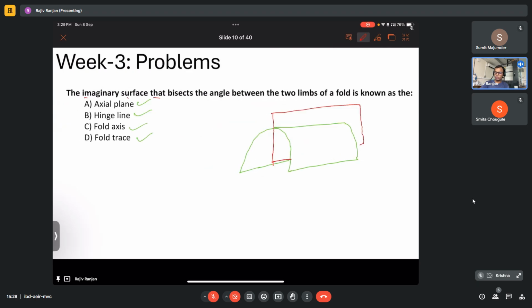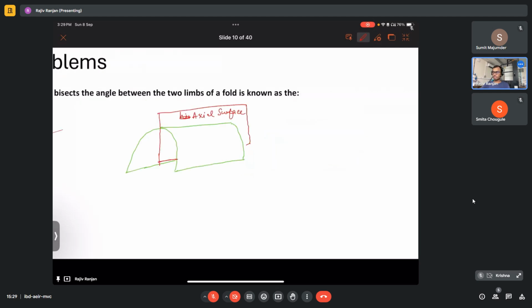We are talking about surface now, which you were saying previously, Sumit. So this surface is the axial surface, which is also known as the axial plane. So this is correct. Line is not the correct option, we discussed this in the last question. Fold axis is a line, not a surface. Fold trace is also a trace, so it's a line, not a surface.